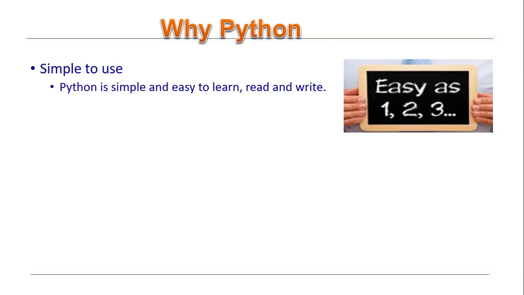For example, in Java, to write any program we have to define a class, and inside the class we have to write a main method that has a specific structure. Here it is simple, English based, easy to learn, easy to read and write the code, and easy to understand.